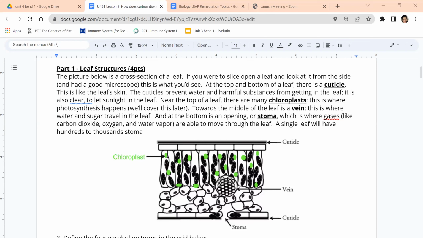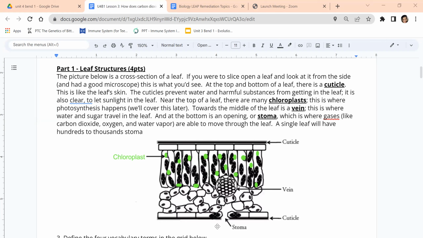And then on the underside of the leaf, there are these little openings. They're called stoma, or stomata is the plural version. So stoma is just one of these little openings. Stomata is many of these openings, which there are many of on the bottom side of leaves. And these little openings allow gases like carbon dioxide and oxygen to flow in and out of the leaf.